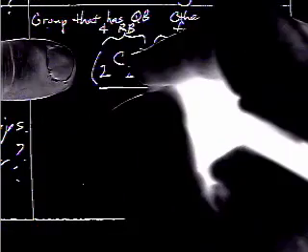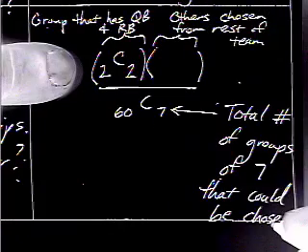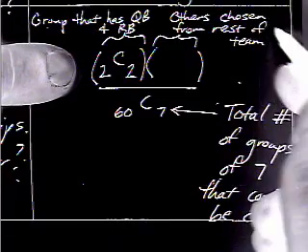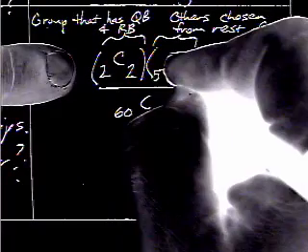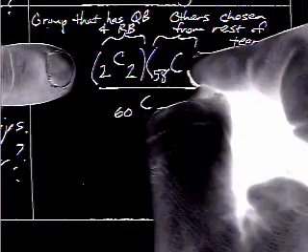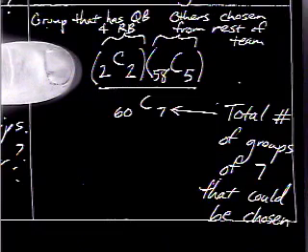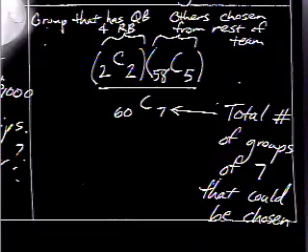But we're going to multiply that times another number. Of the others from the rest of the team, there are 58 remaining players. We want a group of 5 of them, right? Because 5 plus the quarterback and the running back makes 7.